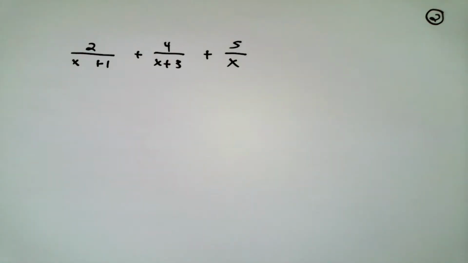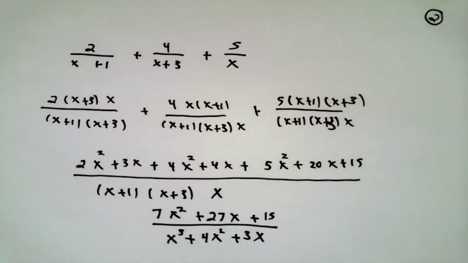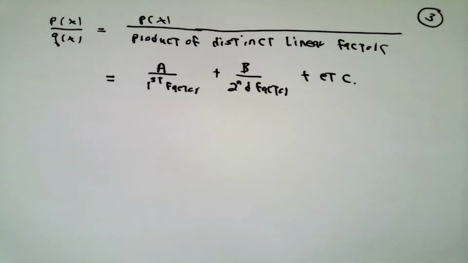After doing all the required algebra, I find that the fraction I finally get is (7x² + 27x + 15) over (x + 1)(x + 3)(x), which I can then disguise by multiplying out the (x + 1)(x + 3), and then by multiplying by x, increase the power on each term. This suggests the following strategy.